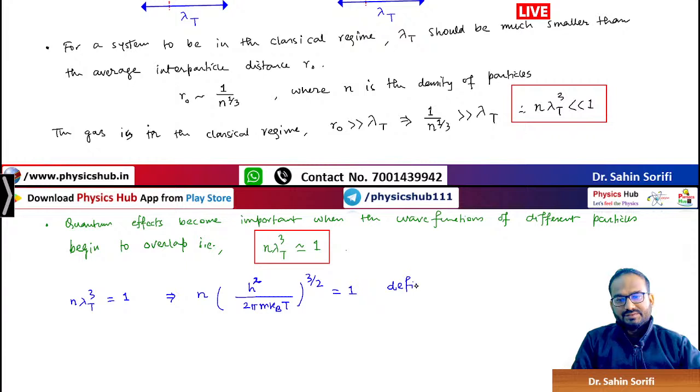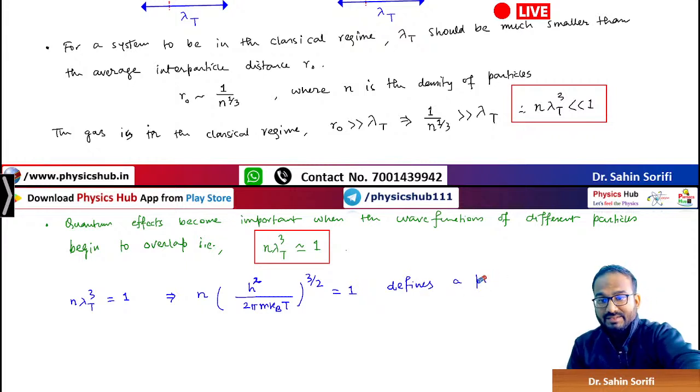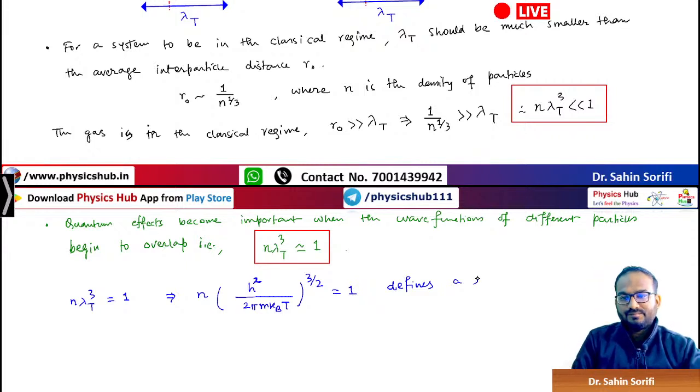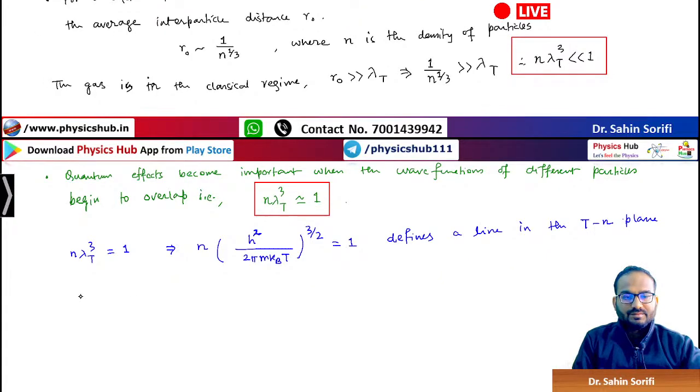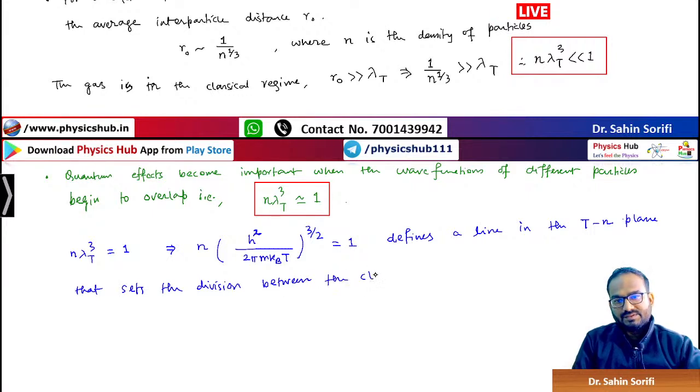It defines a line in the temperature and particle density T-n plane, and that sets the division between the classical and quantum regime.